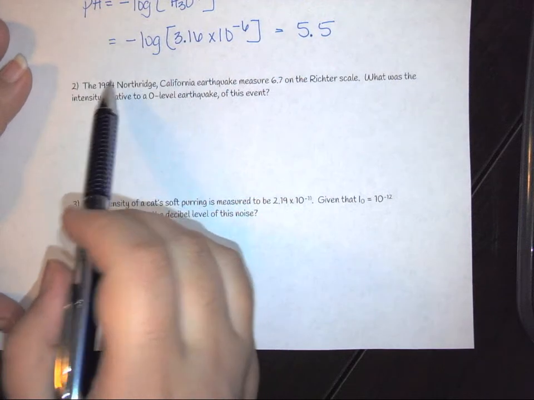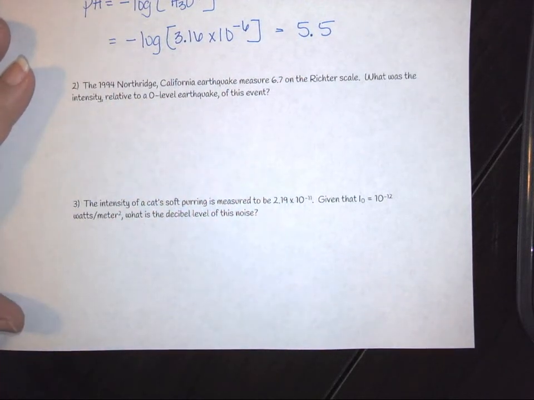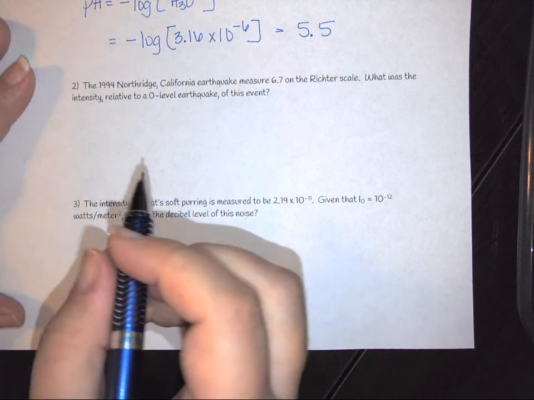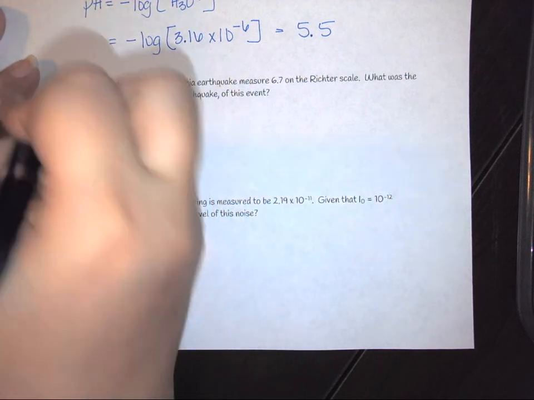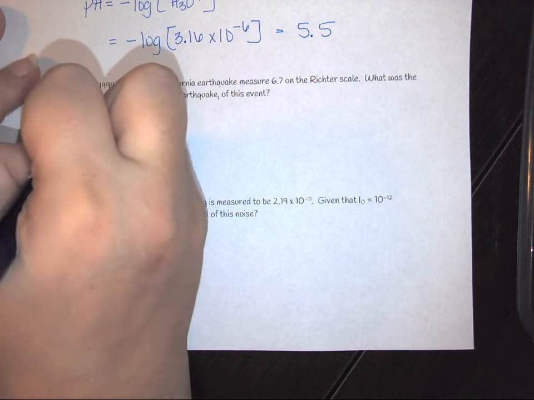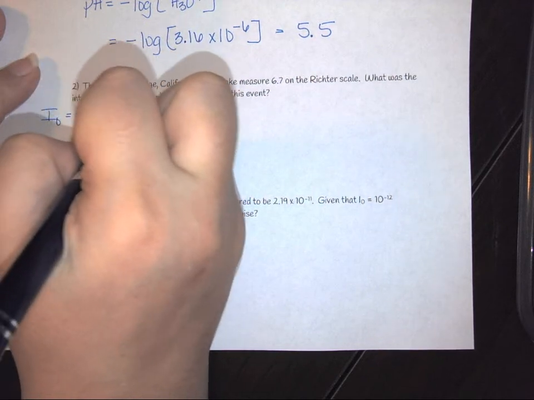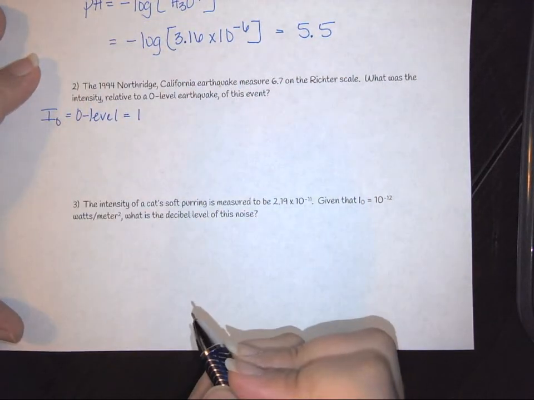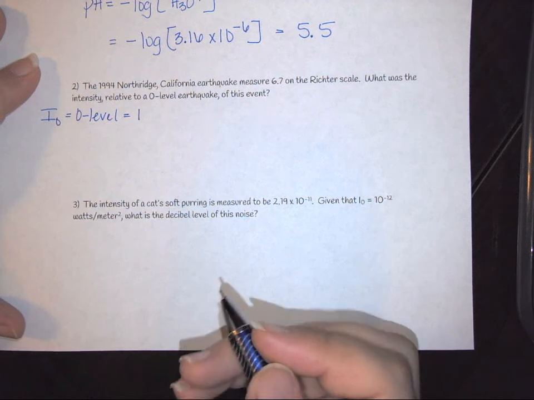Now the next problem here says a 1994 Northridge, California earthquake measured 6.7 on the Richter scale. What was the intensity relative to the 0 level earthquake? So a couple things you need to know is that I naught is your 0 level, which equals 1. Okay.